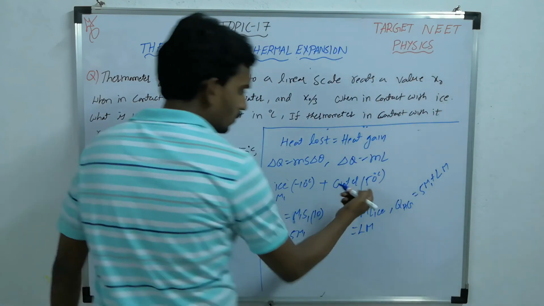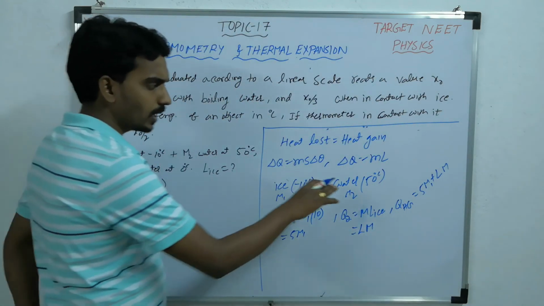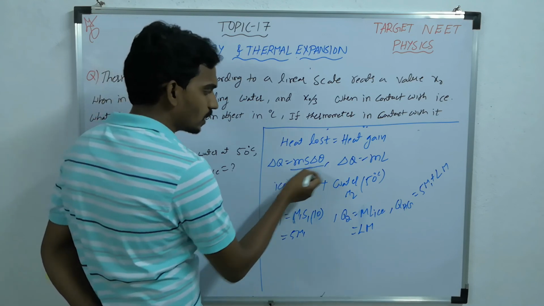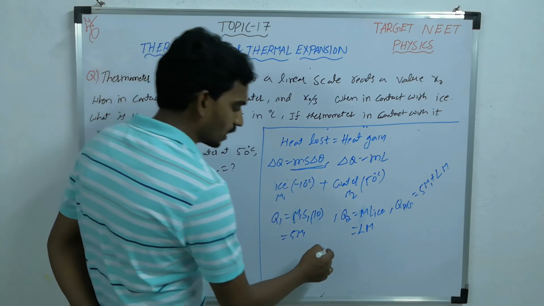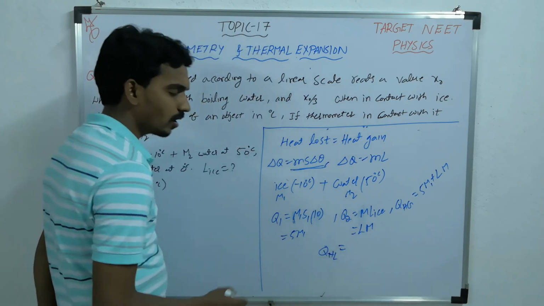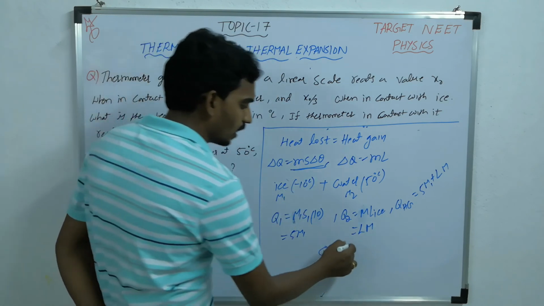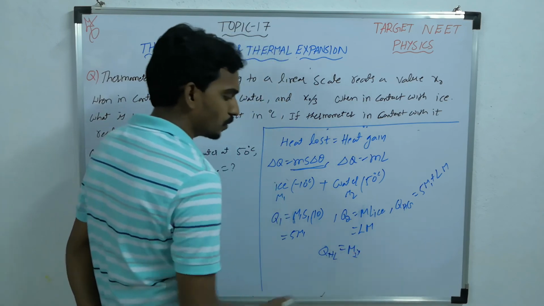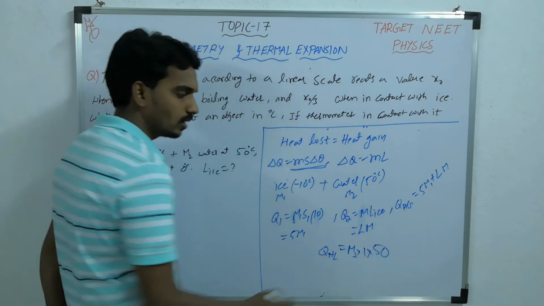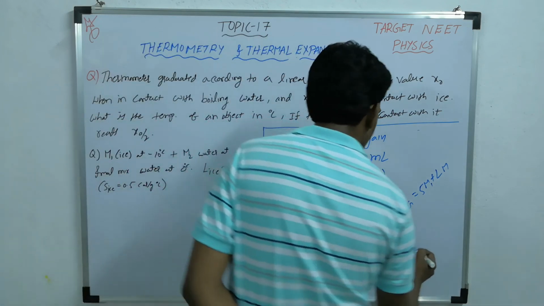Now take the other one, water. The water temperature decreased from 50 to 0. So for a temperature change, what is the formula? m s delta theta. That energy is the heat lost. Heat lost is m2 s delta theta. S for water is 1, delta theta is 50. So it is 50 m2.